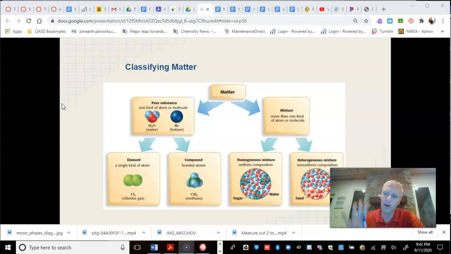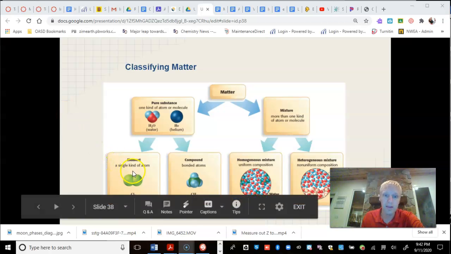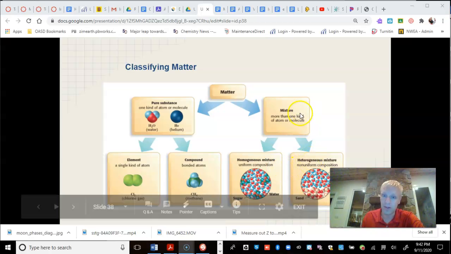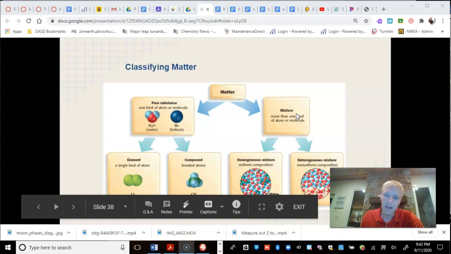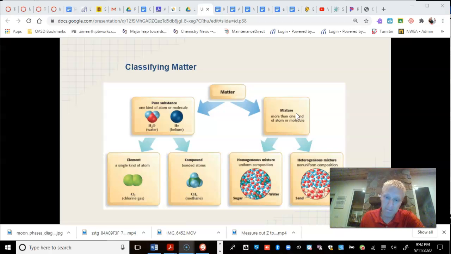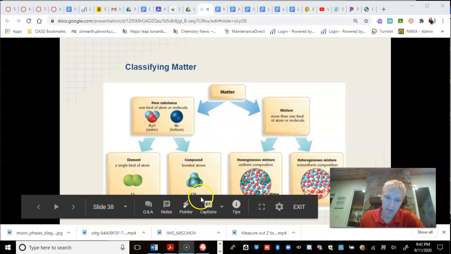There's 4 main groups that we are going to be really exploring: element and compound, both of which are pure substances, and then homogeneous mixture and heterogeneous mixture, both of which are mixtures. If you go into your worksheet/note packet, that is where we are going to be writing some of this stuff down.